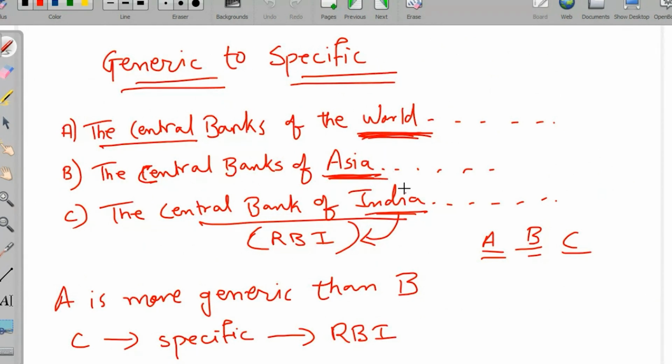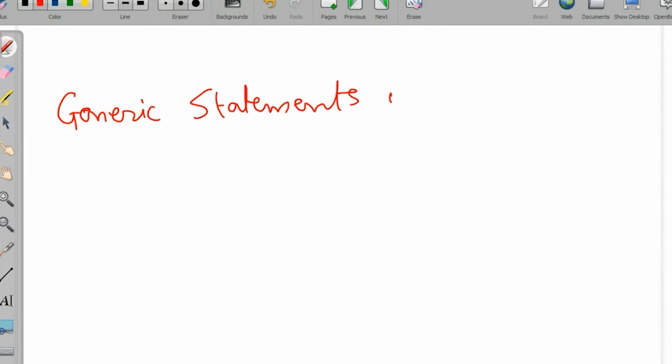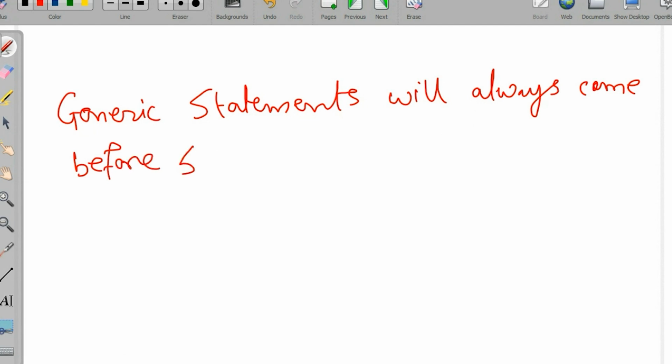World, Asia, India. In both the cases, always remember that generic statements will always come before specific statements.